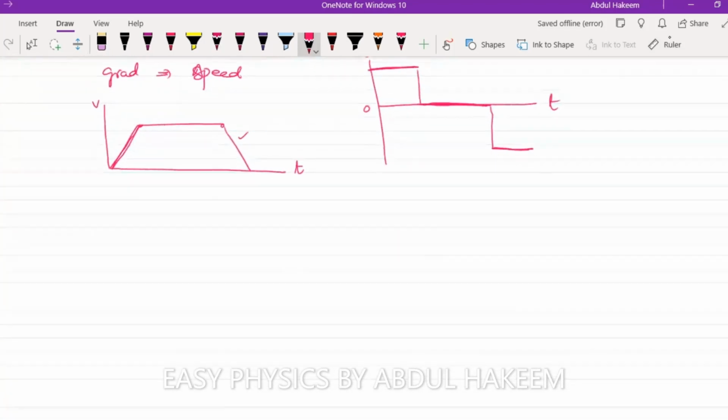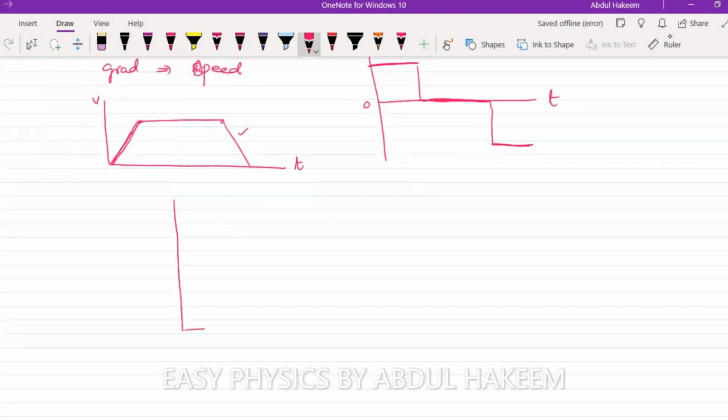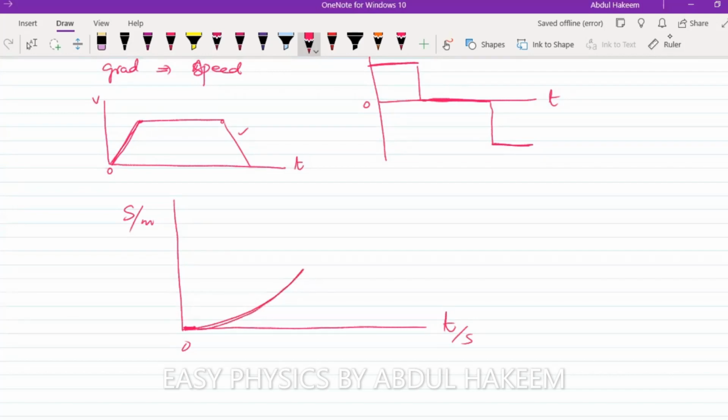And for the distance graph, the gradient is the speed. Look, the speed is increasing initially, so we start from 0 gradient, because the initial speed is 0. It increases. Then here the speed is constant, so the gradient is constant, a straight line with a slope. And then here the velocity decreases, finally becoming 0, so the gradient decreases, and finally a horizontal line. So these are the graphs.